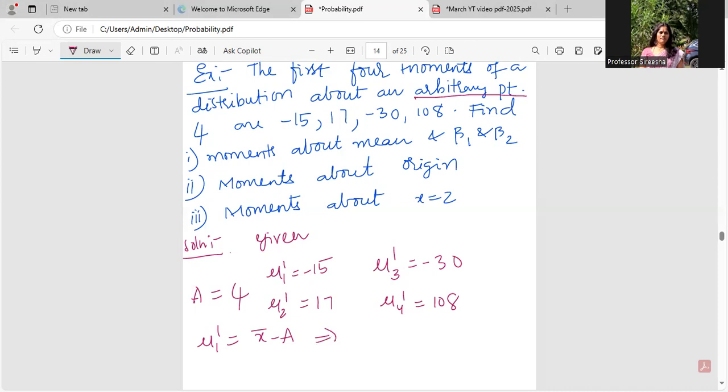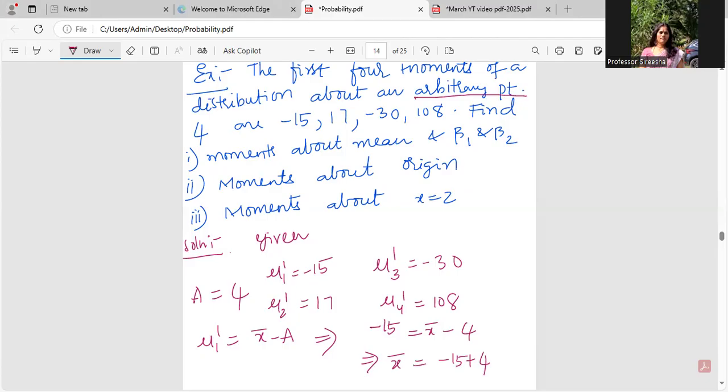So let's see what you will get. Mu1 prime is minus 1.5, and the arbitrary point is 4. So x bar is nothing but minus 1.5 plus 4.